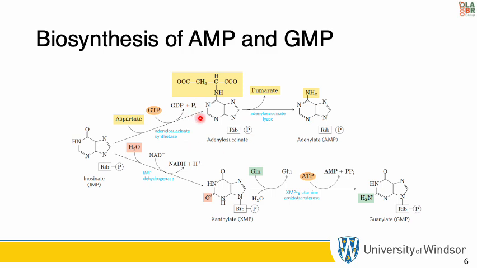Then again, just like before, fumarate leaves, taking that carbon skeleton backbone, and you end up with just that nitrogen group right there. So like I said, it donates that amino group in two steps, with the elimination of the carbon skeleton of aspartate leaving as fumarate, and we end up with AMP, the molecule that we actually need for this process.